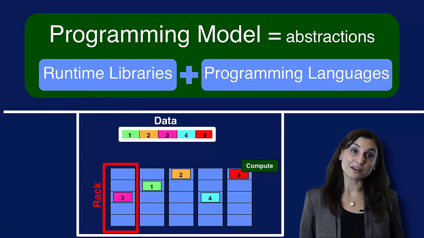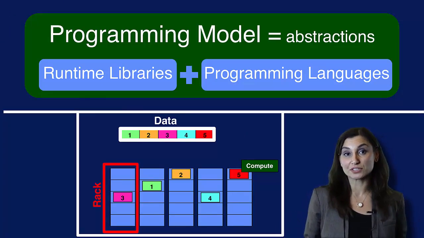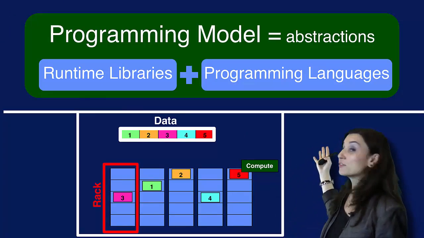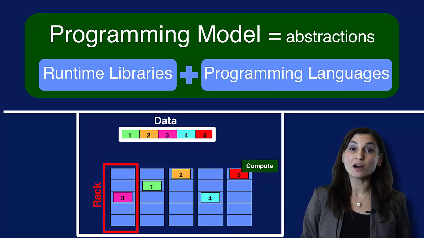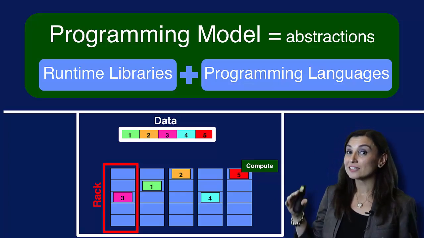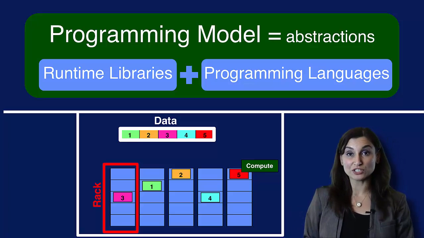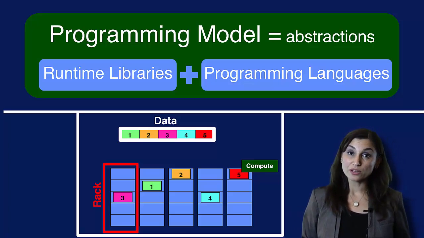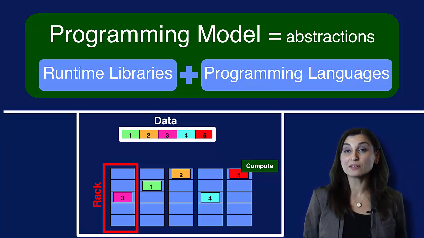A programming model is an abstraction over existing machinery or infrastructure. It is a set of abstract runtime libraries and programming languages that form a model of computation. This abstraction level can be low level, as in machine language in computers, or very high, as in high-level programming languages, for example, Java.